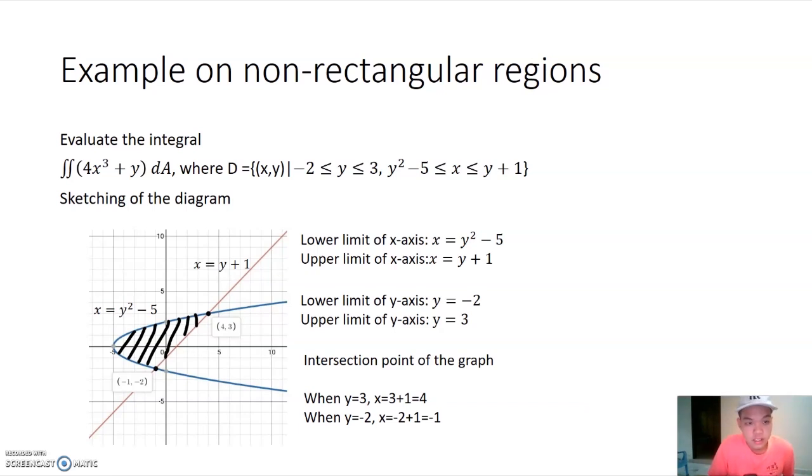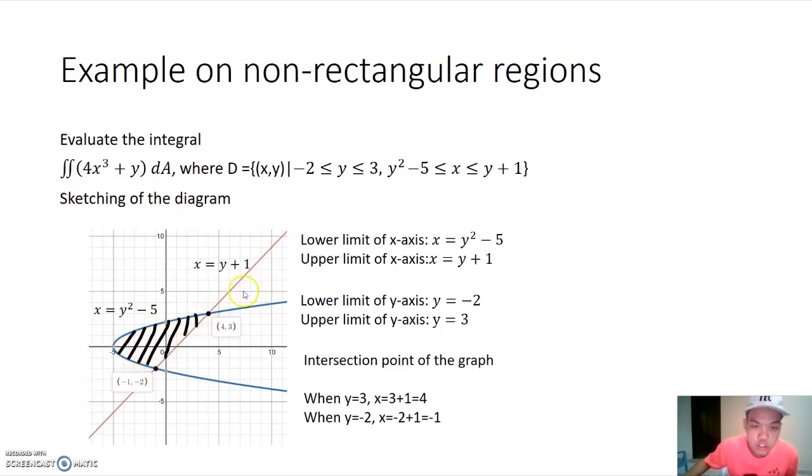Now I will present the example of non-rectangular regions. In this equation, the domain of y is between -2 and 3, and the domain for x is between y squared minus 5 and y plus 1. First, we sketch the diagram, and we know this is the region.